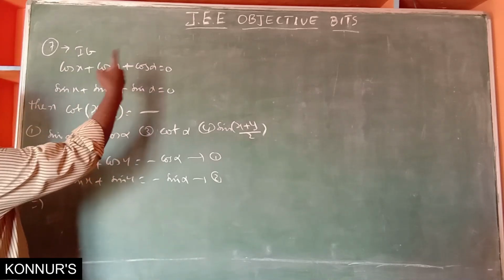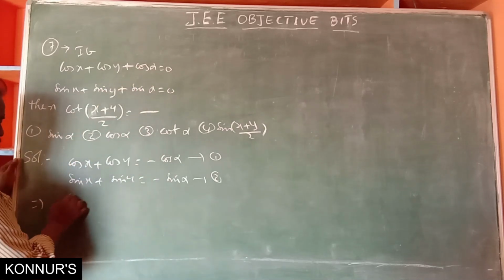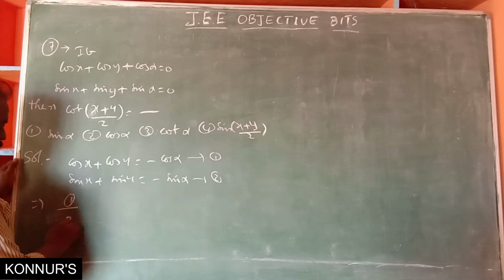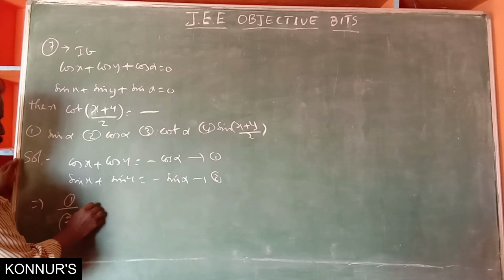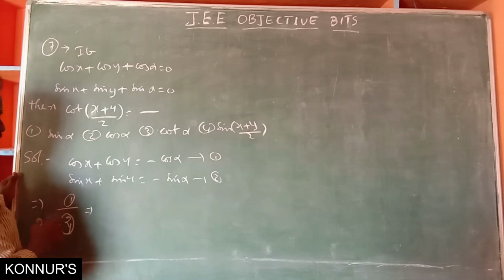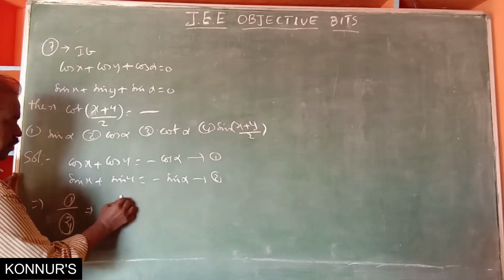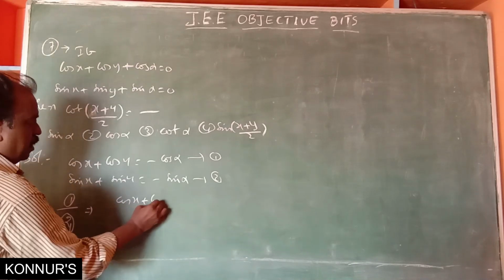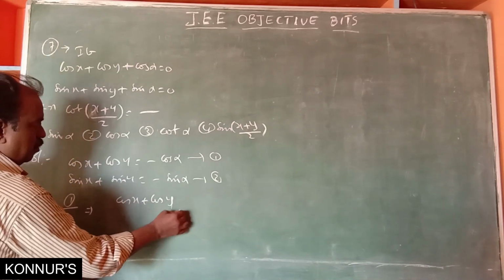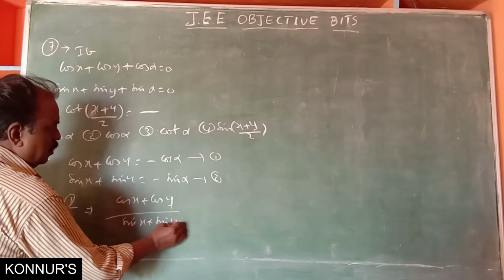We just send cos alpha and sin alpha to that side. Now, considering equation 1 divided by equation 2, that is cos x plus cos y by sin x plus sin y.